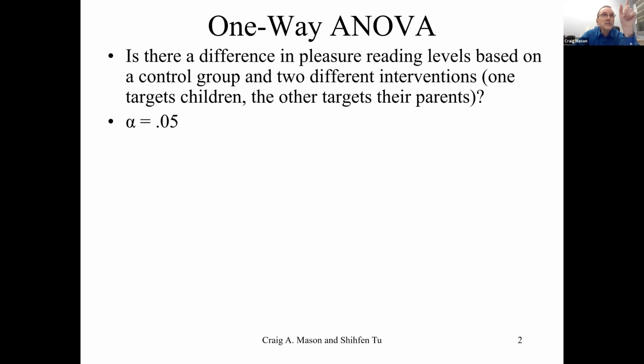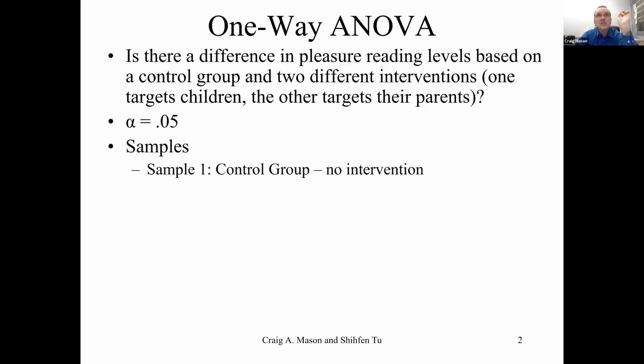So sample number 1 is our control group. That's the no intervention group, and that reflects the general population of kids out there that are in business as usual sort of programs. Our second sample is going to come from the population of kids theoretically that could get a child-focused curriculum.